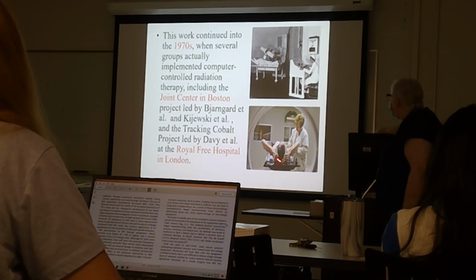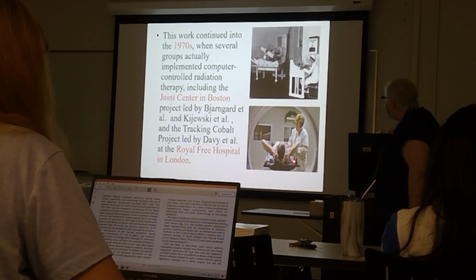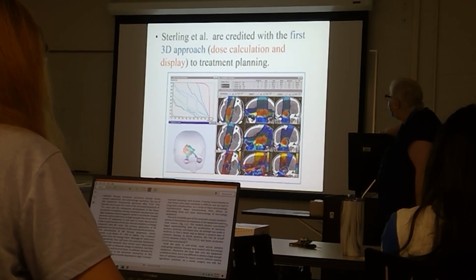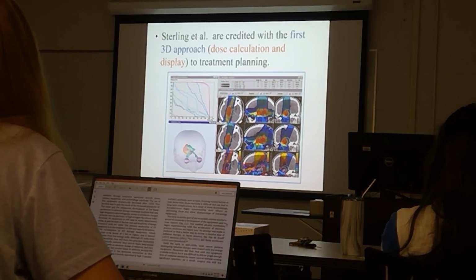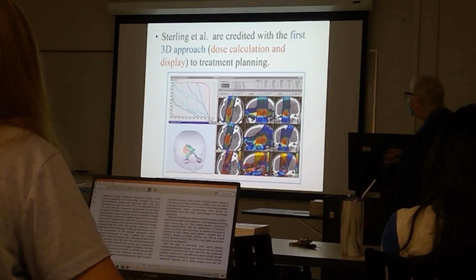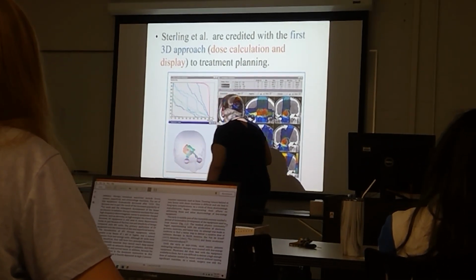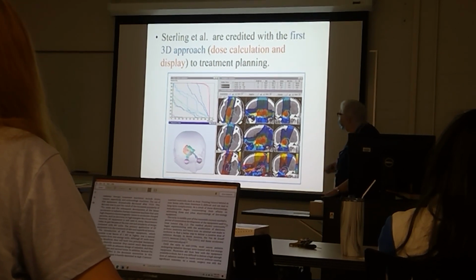And this is one of the first CTs that were used. So, 3D approach, calculation and planning. What are we treating here? We're treating the brain. Okay, yeah, you guess.